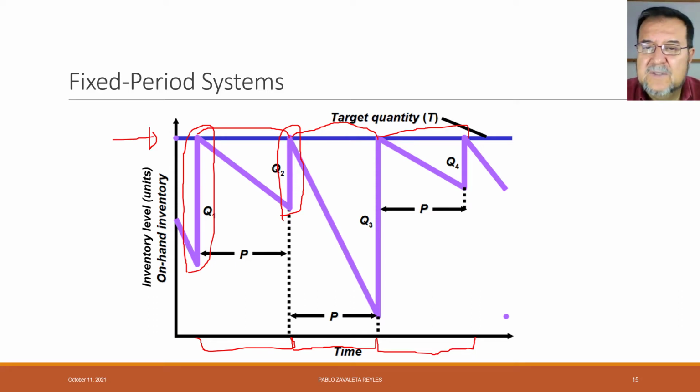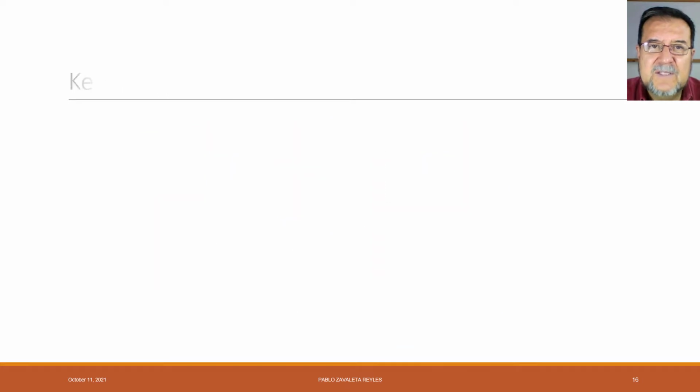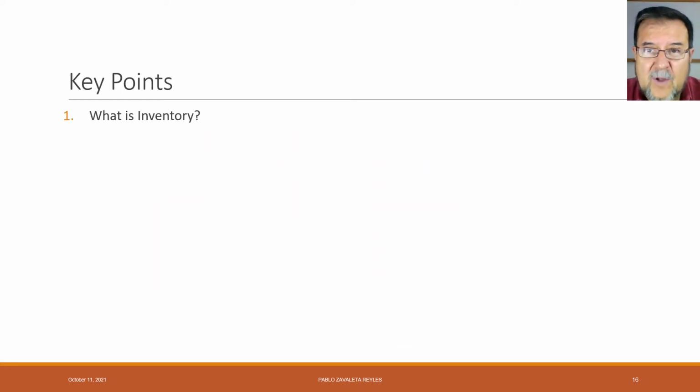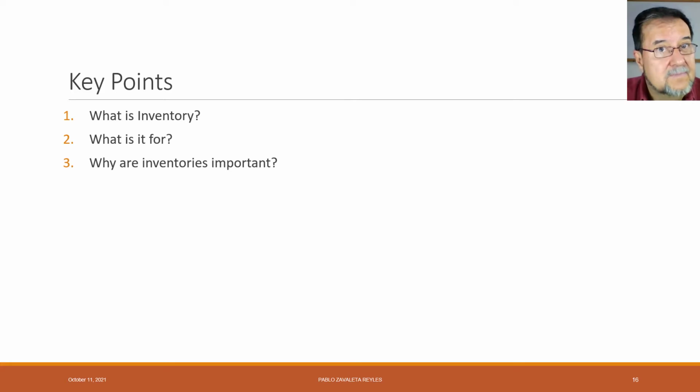So, just to double check what we have seen so far. We have seen what inventory is, something that we have. What is it for? Essentially a buffer. Why are inventories important? Because most of our assets are involved there. The ideal inventory size, 0.